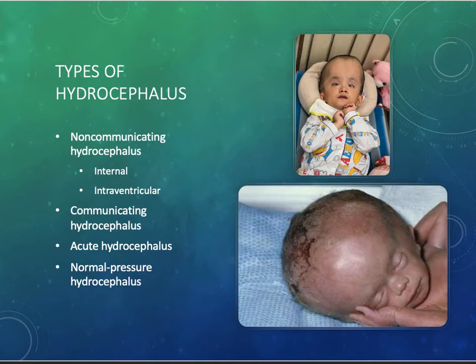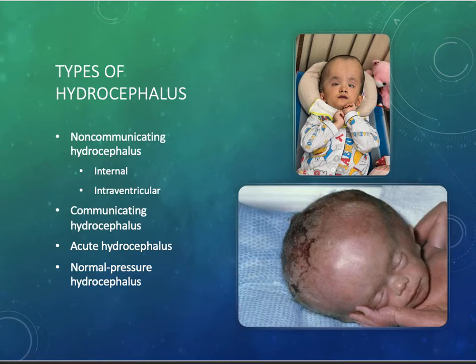This is also called obstructive hydrocephalus, and this is an acute hydrocephalus, okay? It's also called intraventricular hydrocephalus. Communicating hydrocephalus means that the flow of CSF is blocked after it leaves the ventricles. So communicating means it can still flow between the ventricles. Those are open. Okay, that's usually a chronic condition.